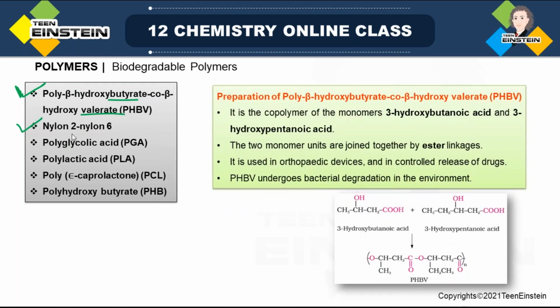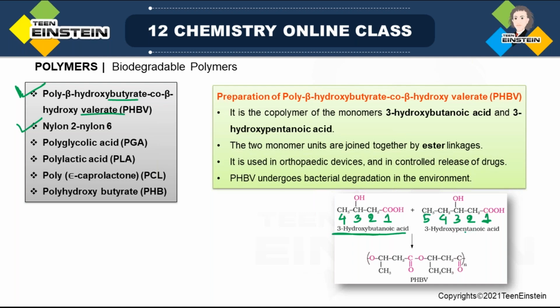Preparation of this PHBV: you can see this is the first monomer, 3-hydroxybutanoic acid. There are OH and CO2H groups present, 1, 2, 3, 4. At the 3 position there is an OH group, so that is why the IUPAC name is 3-hydroxybutanoic acid. Look at the second structure, it is almost the same, the only difference is one extra carbon.